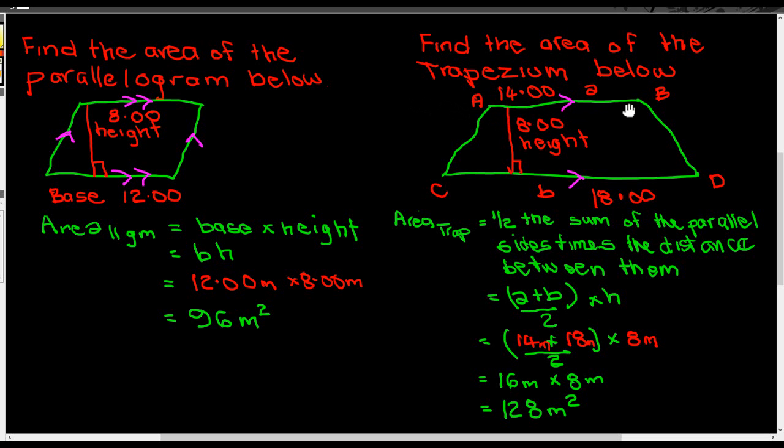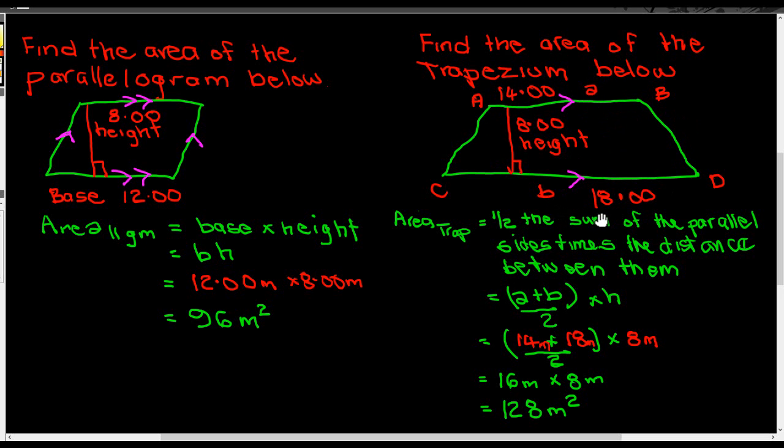So here, in this example, we have a trapezium ABCD, and I've given this side here the letter A and this one here B. There's no particular reason, it's just that the lowercase letters stand for the length of a side.